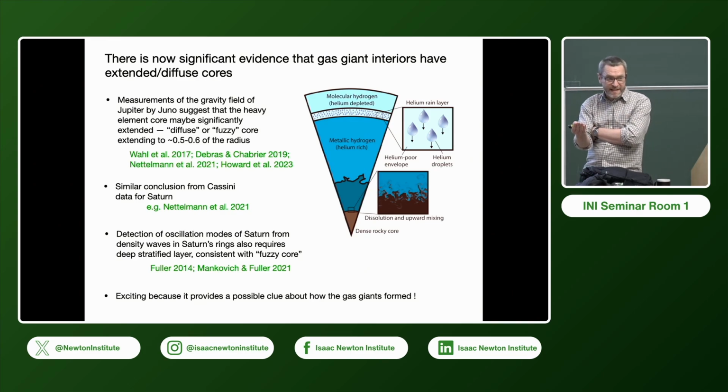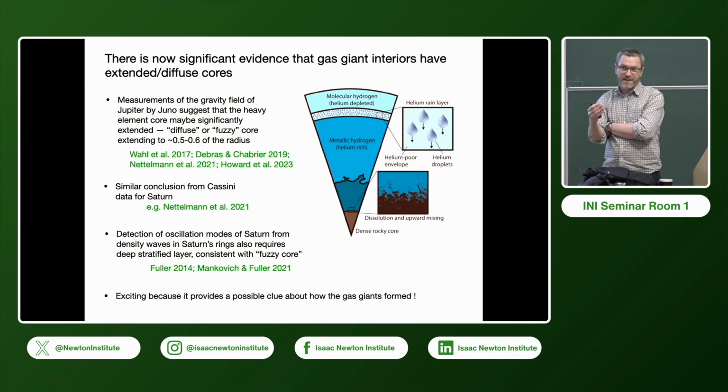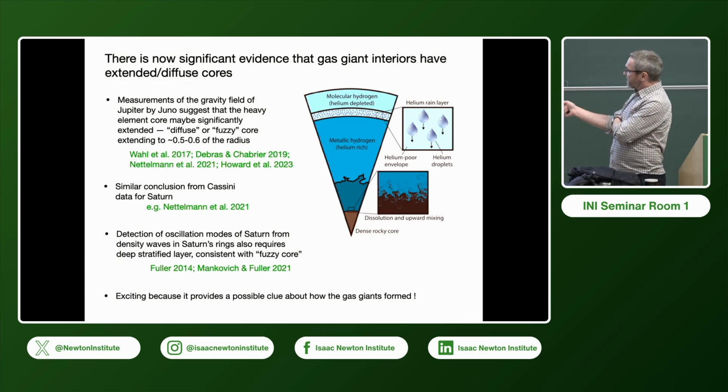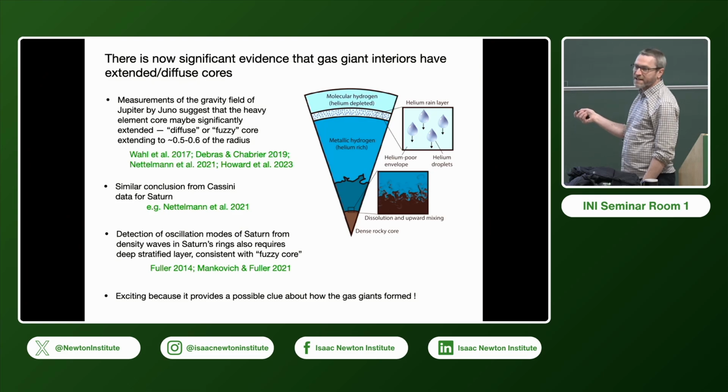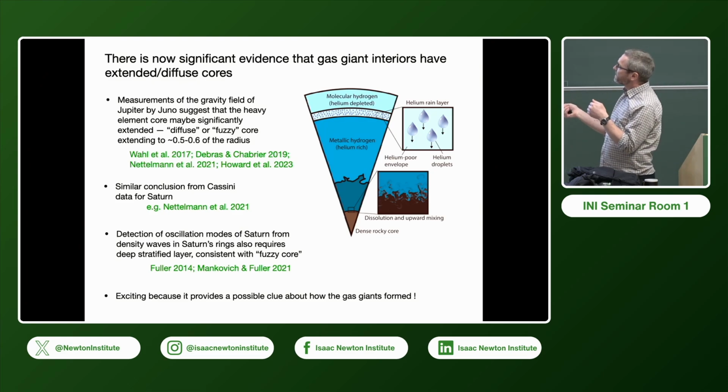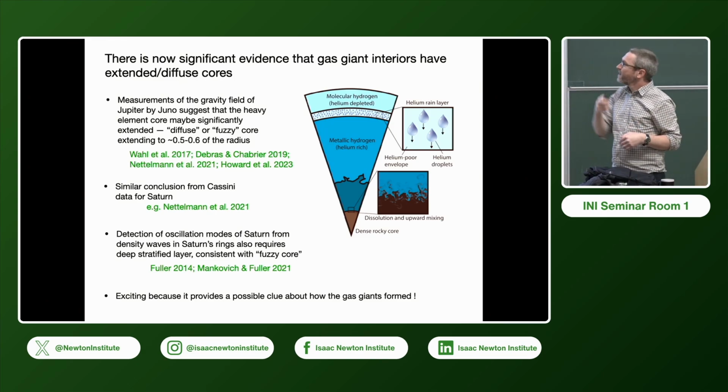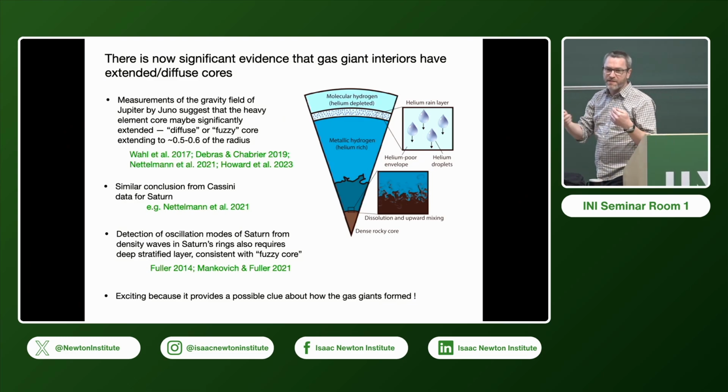And so the inference is that there are internal waves in Saturn. There are stable regions inside Saturn that support these internal waves. And in particular, Mankiewicz and Fuller, in this 2021 paper, modeled, again, the composition profile, and they found that you need one of these sort of fuzzy extended cores, or at least, I think the way to say it is that a fuzzy core is able to match the frequency data from the ring seismology. So it seems like both of the gas giants seem to have these extended cores.